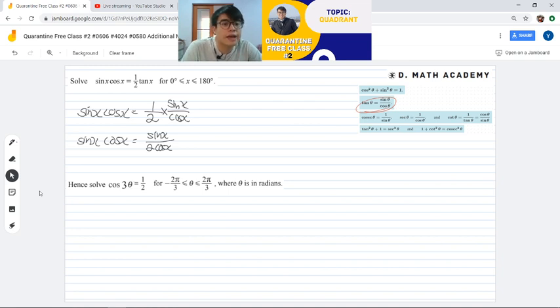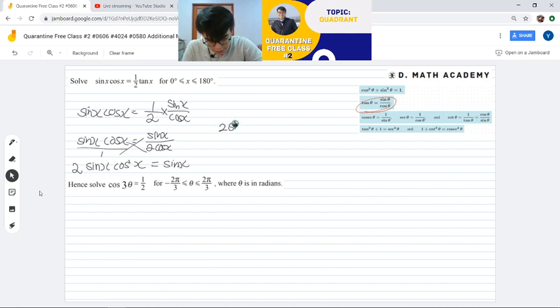Okay, so I get rid of the 2 cosine x by multiplying it to the other side. So what we have here is now 2 sine x cosine square x equals to sine x. Okay, moving on, I'm gonna shift the sine x to the other side.